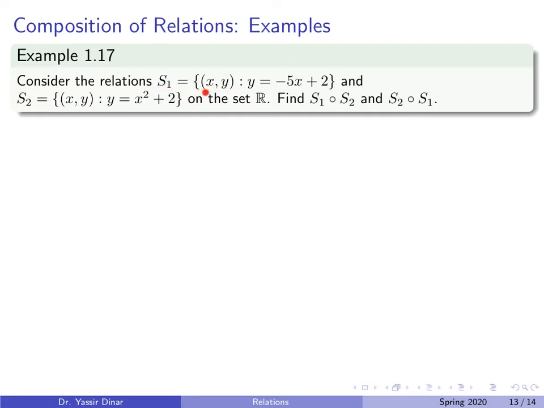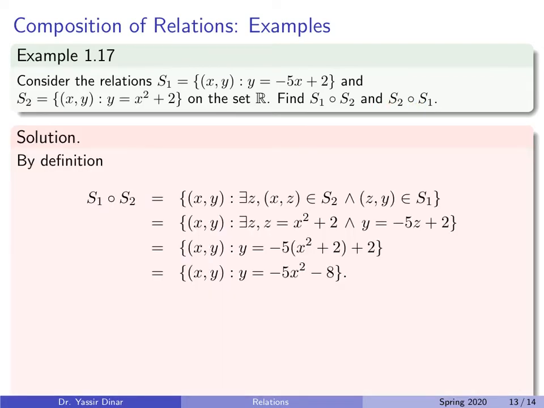It contains all pairs (x, y) where the second coordinate y is equal to minus 5 times x, the first coordinate, plus 2, and I define the relation S2 by taking all the pairs (x, y) where the second coordinate y is equal to the first coordinate x squared plus 2. I want to find the composition of S2 and S1 and the composition of S1 and S2.